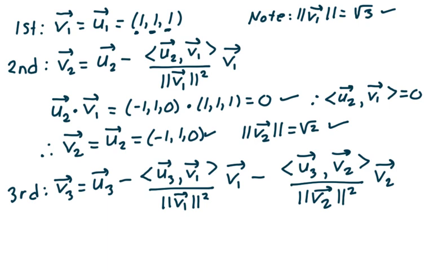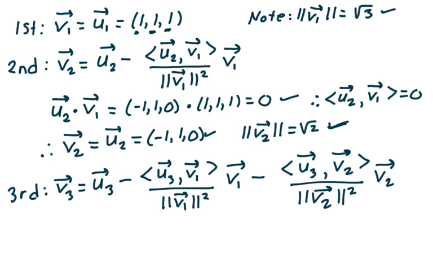But U2 dotted with V1 is equal to the vector negative 1, 1, 0 dotted with 1, 1, 1, which is equal to 0. And so therefore, the inner product of U2 and V1 is 0. And so what that tells me is that V2 is equal to U2, which is equal to negative 1, 1, 0. And so now, the norm of V2 is the square root of 2, and I will need that.